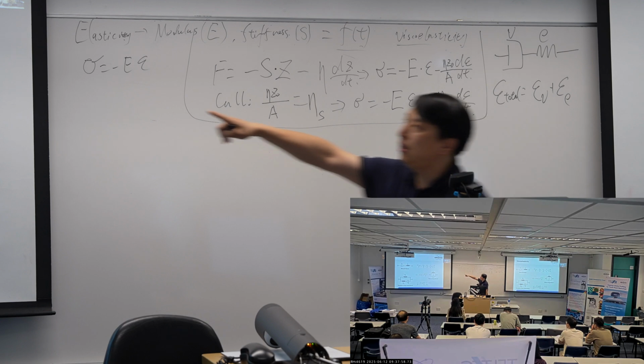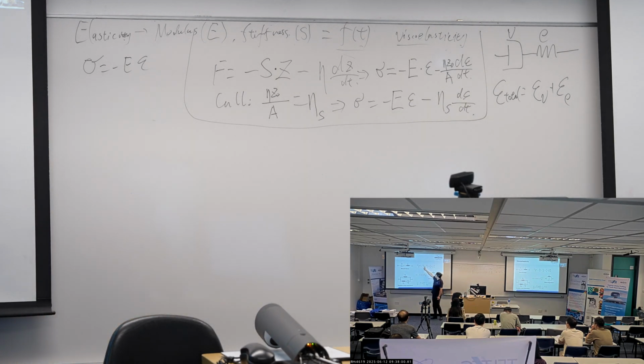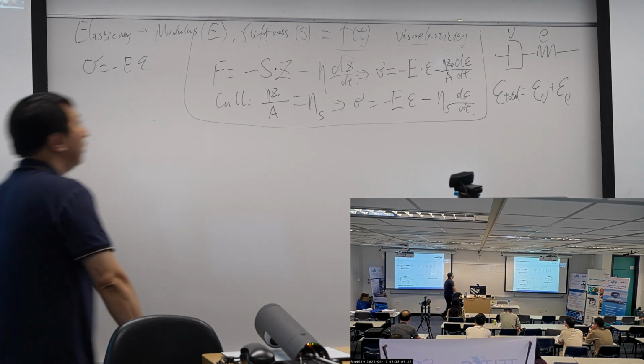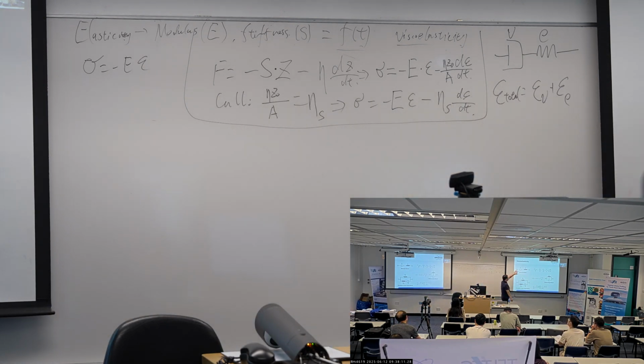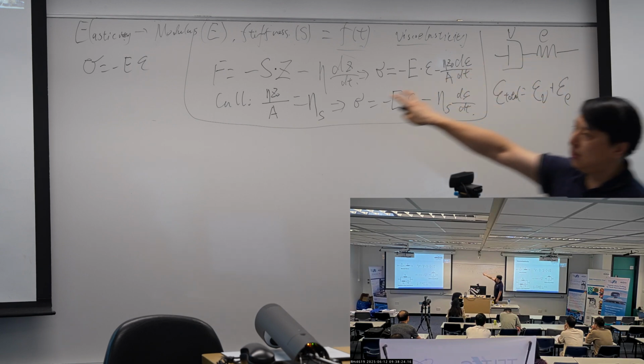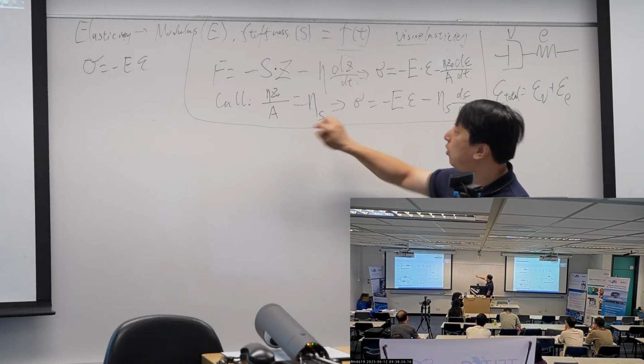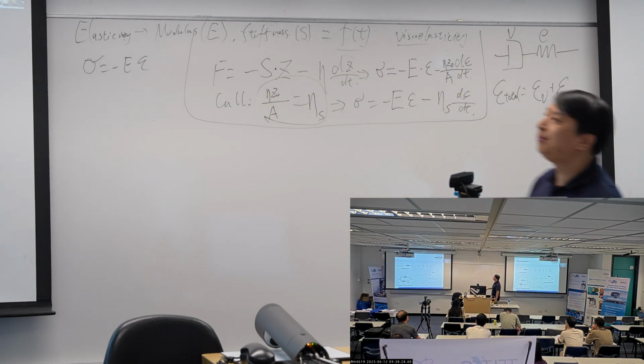In the slide, D represents the damper with eta, and S represents the spring, the elasticity. For a damper he can introduce an eta, and for a spring he can introduce a modulus. And this eta is what I want to define on the board, this eta s.